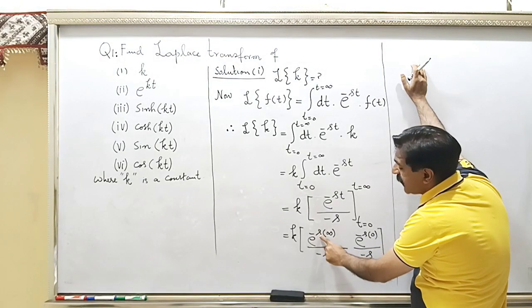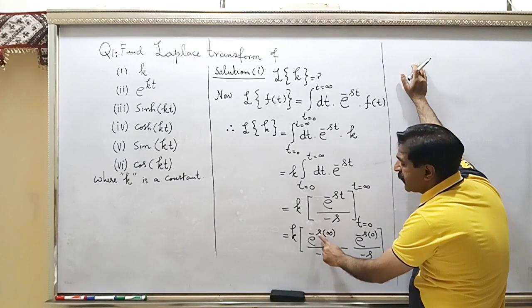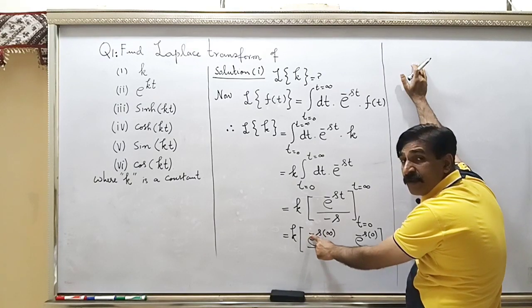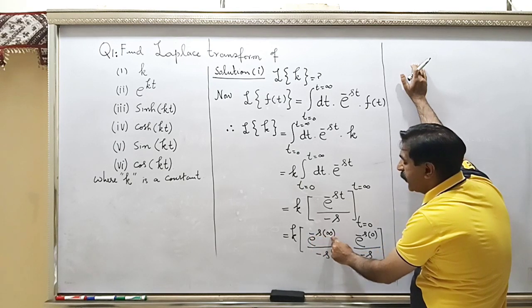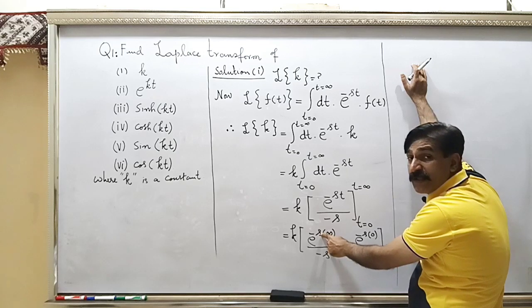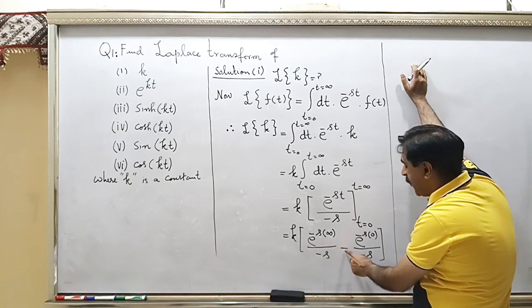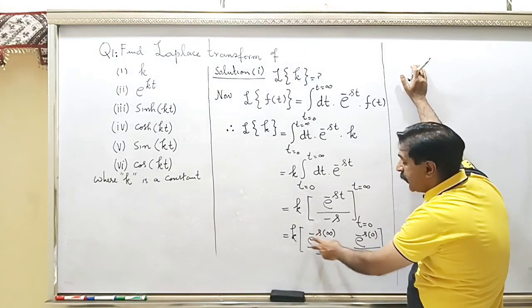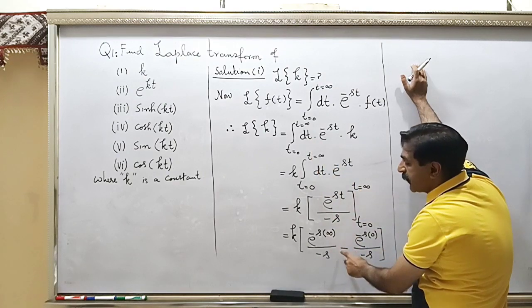How? If s is negative, then the exponent becomes positive, and a positive number multiplied with infinity will produce e to the power positive infinity, which will be infinity, and infinity divided by any number will be infinity, minus any number will be infinity. So the total answer will be infinite, meaning this integral will be divergent.